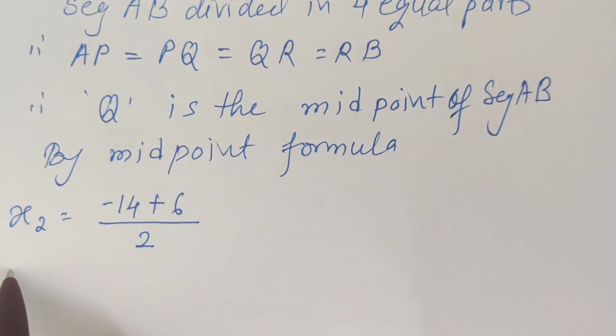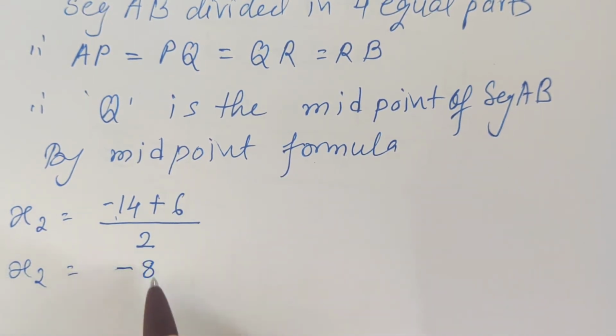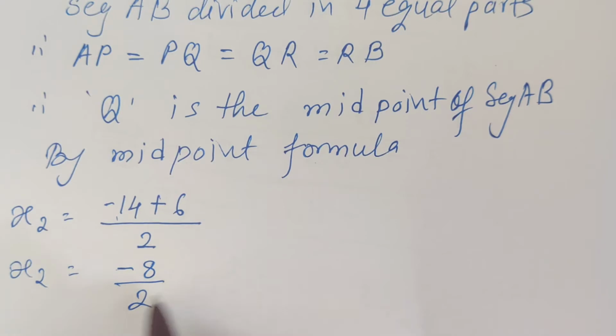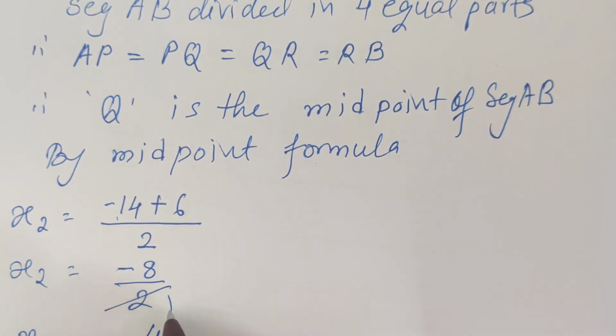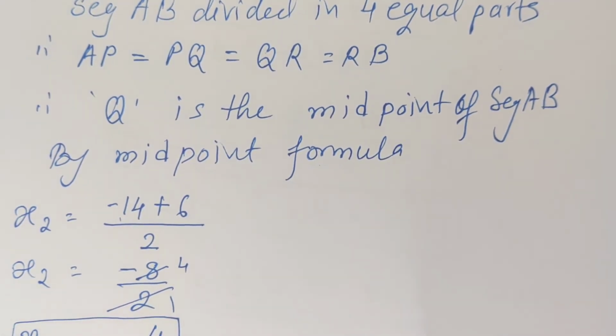So you will get x2 is equal to minus 8 upon 2. When you divide 8 by 2, you will get x2 is equal to minus 4, since 2 fours are 8. That means the x coordinate x2 of Q is minus 4.